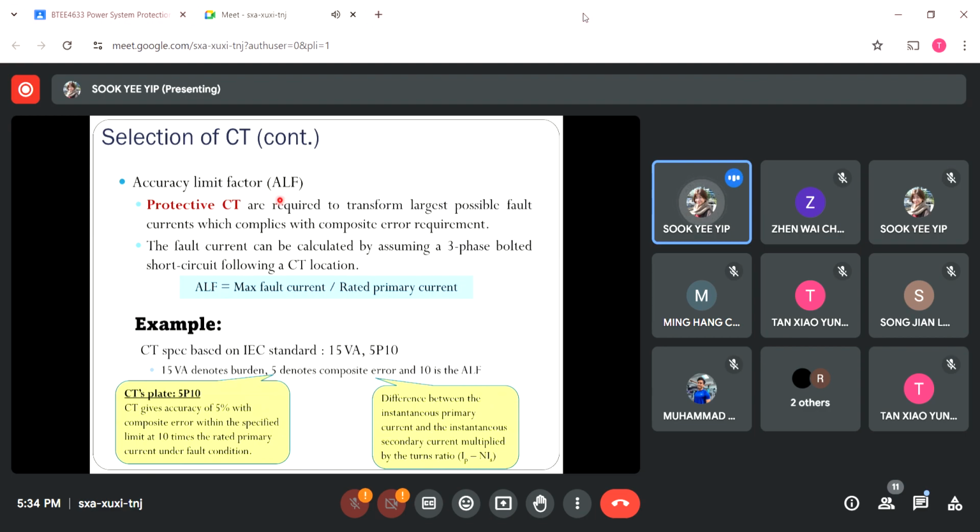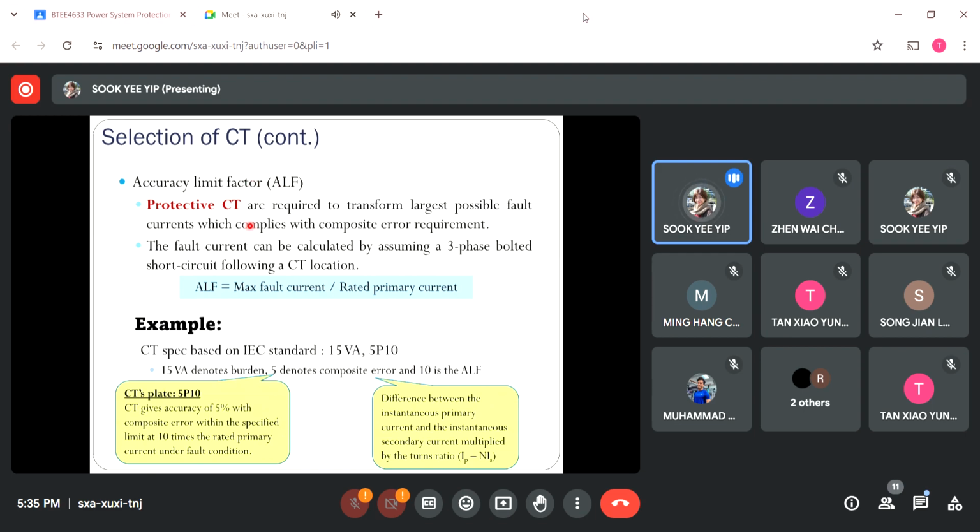So the ALF value can be obtained by using this expression, where we calculate by dividing the maximum current expected to be measured, which is obtained whenever we have a three-phase bolted short circuit, divided by the rated current at the primary side during normal conditions. Okay, only the protection class of current transformer is provided with ALF, the accuracy limit factor.